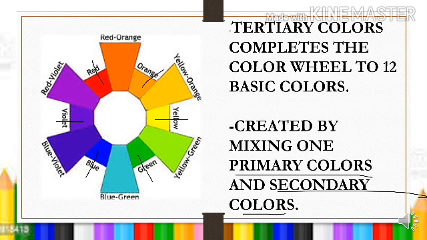The rest, red orange, yellow orange, yellow green, blue green, blue violet, and red violet, are tertiary colors. It is called the color wheel.